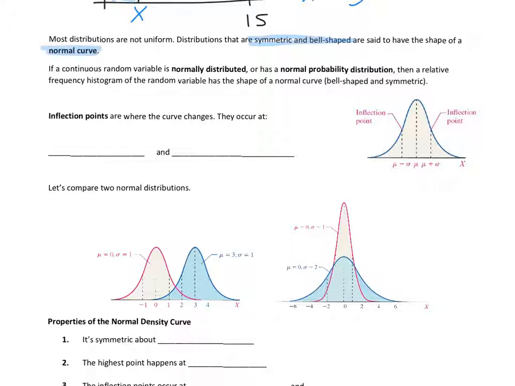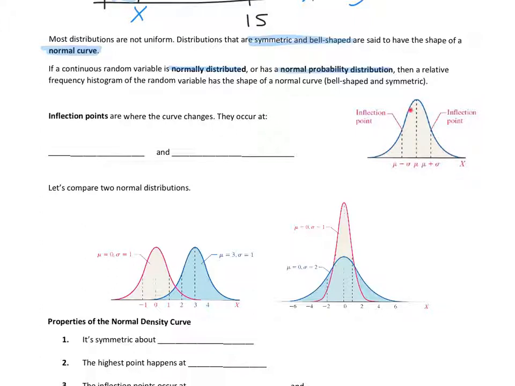All right, so instead of saying bell-shaped from now on, we're going to say normal. If a continuous random variable is normally distributed or has a normal probability distribution, then the relative frequency histogram has the shape of a normal curve. All right, and then here's our example. So this would be considered a normal curve. So it looks like it's bell-shaped, symmetric.